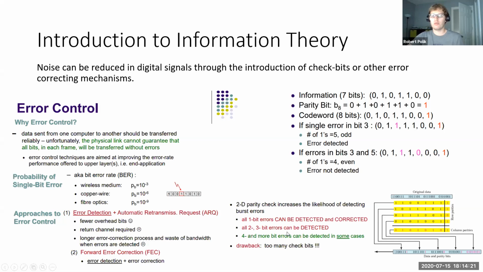Now, if you have a 2 or 3-bit error, you can detect it, but you can't necessarily correct it. So if it's a 2-bit error, you would think like, okay, we don't detect it in the rows, but we do detect 2 errors in the column. So we don't know what row it's in, but we know that there's an error. We got to re-download the whole thing. Same for 3 bits. 4-bit or more errors can only be detected in some cases. I would go as far as to say most cases, but they can't be detected in all cases.